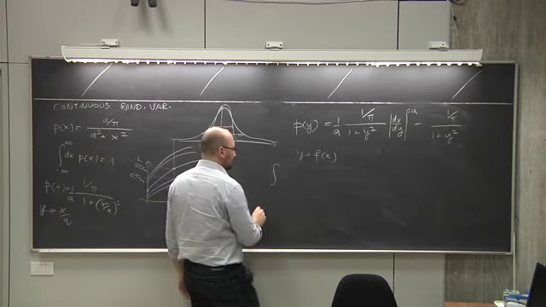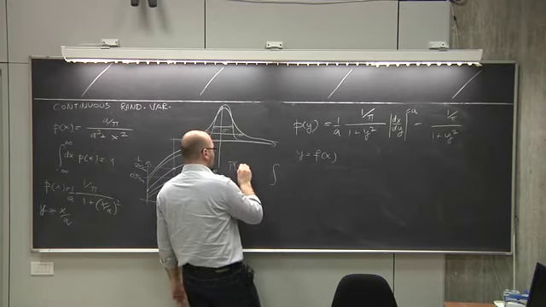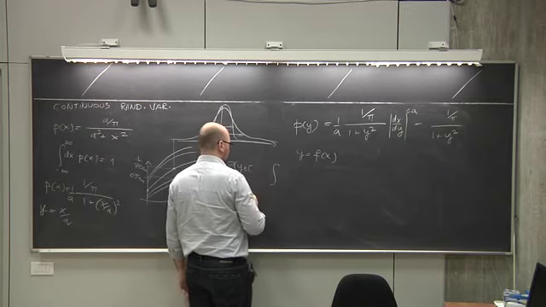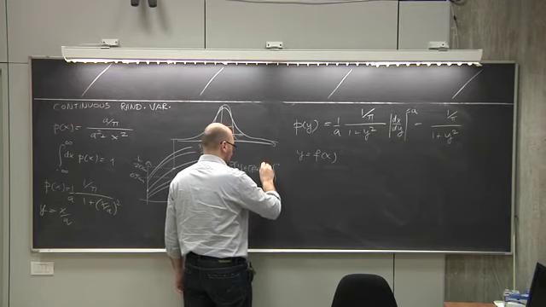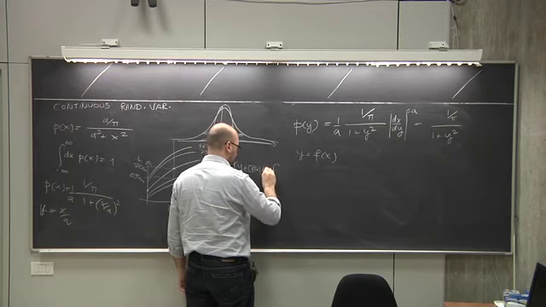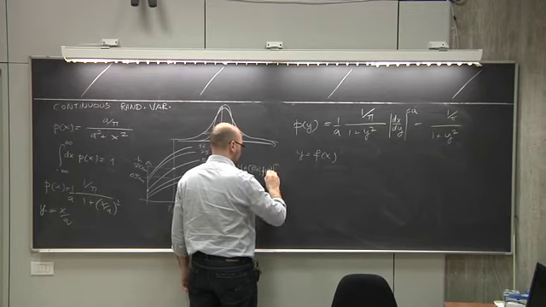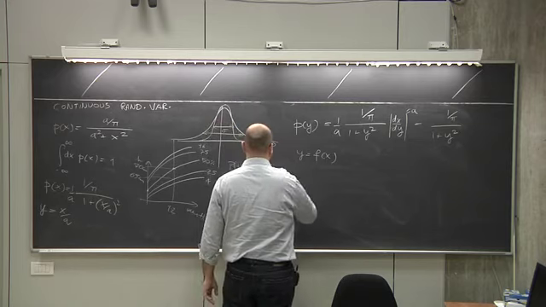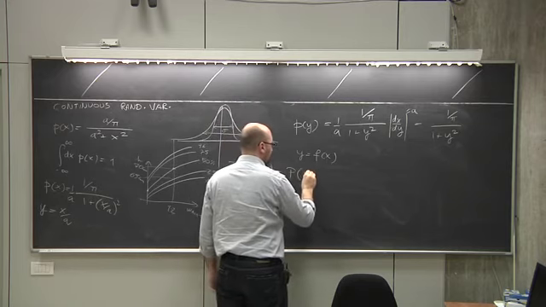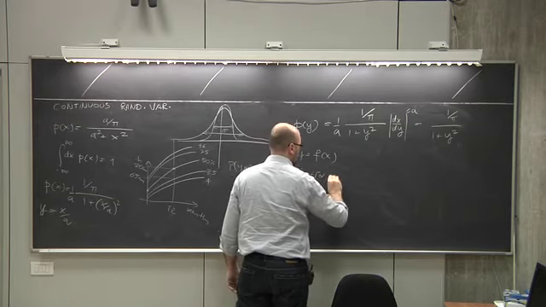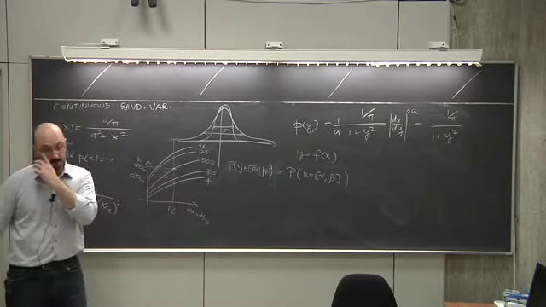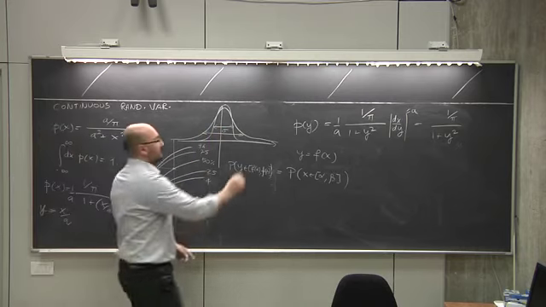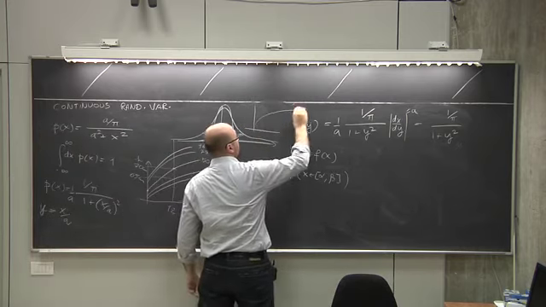So if I want to calculate the probability that y is between f of alpha and f of beta, and f is monotonic, this is equal to the probability that x is between alpha and beta, because f does something like this.